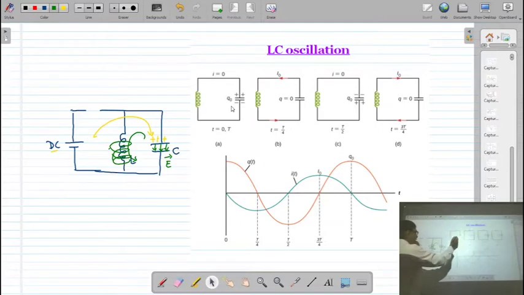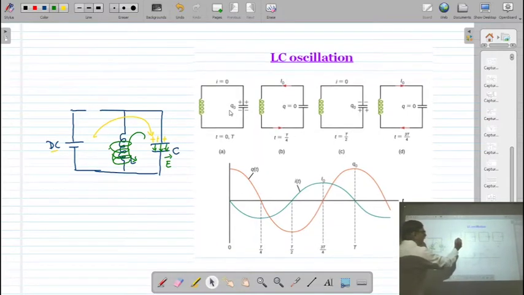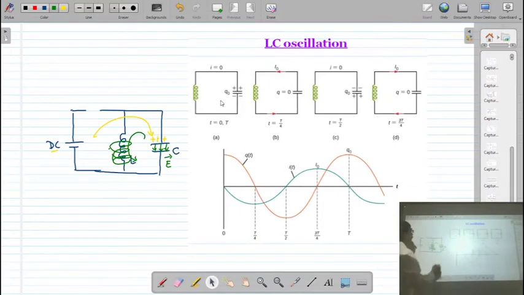Initially your capacitor is going to charge up to a voltage V. It is fully charged. So if we see the waveform for this voltage, then this is representing the voltage.